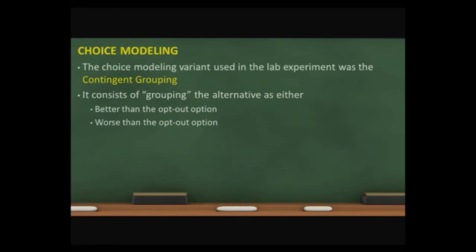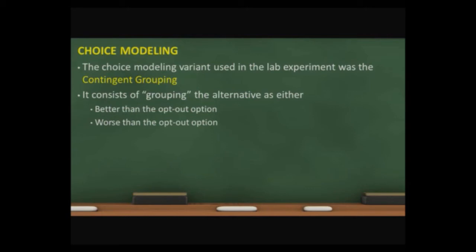We used a variant of choice model called contingent grouping. Contingent grouping is sometimes used in marketing as a procedure before you go to a full ranking, and consists of stating which alternatives are better than the status quo and which are worse. So when you see an alternative, whether you agree with it or not, if it's too expensive or a reasonable price, you would like it or you would not like it.